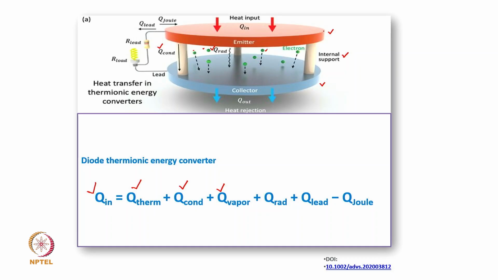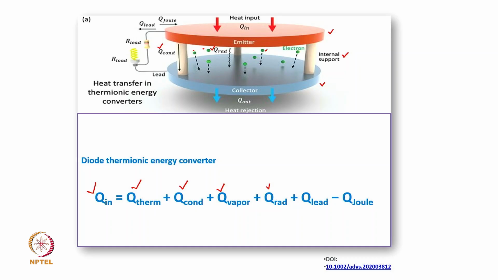So, this radiation energy or Q radiation will also come to the collector. So, this is also a positive term of heat.